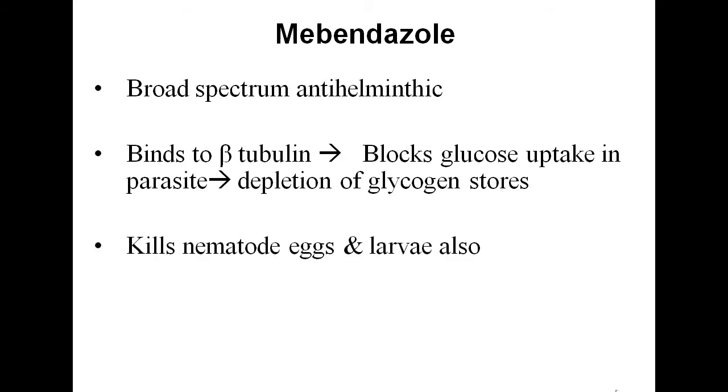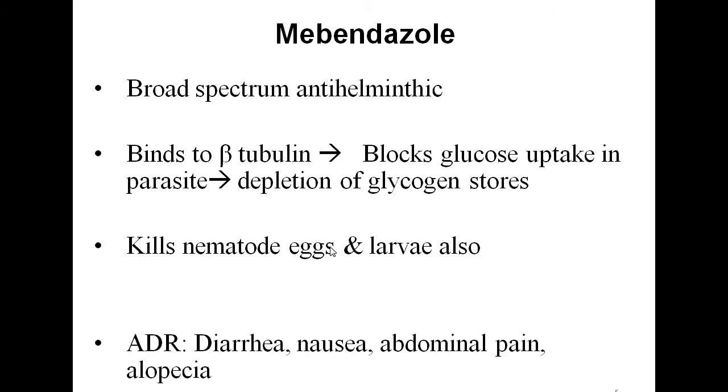So mebendazole is vermicidal. In addition, mebendazole also kills the eggs and larvae. Common adverse effects encountered with mebendazole are diarrhea, nausea, abdominal pain, and hair loss or alopecia.